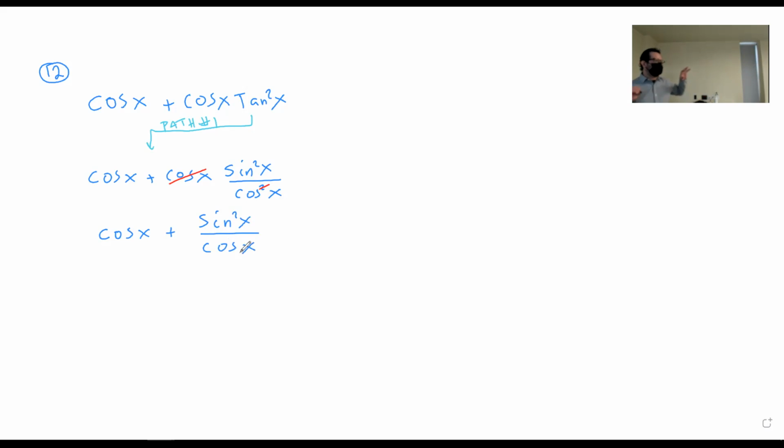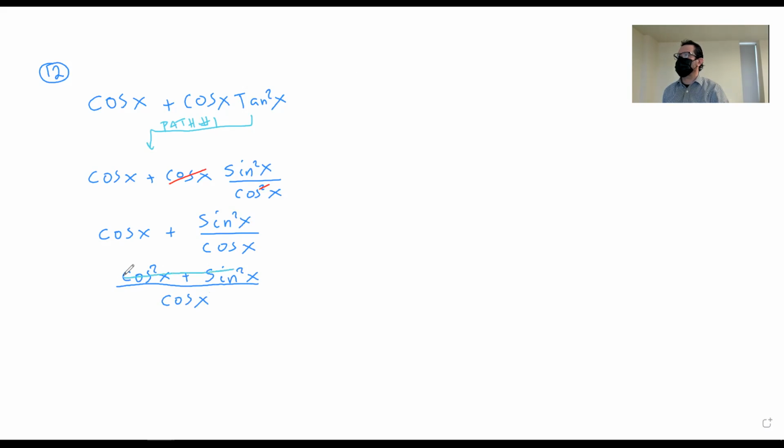Now, whenever we have a fraction and an expression, we're always going to try to join them. We're going to join these using cosine as the common denominator. So cosine divided by 1 is going to be cosine multiplied by cosine, which is cosine squared of x plus sine squared of x. And we know that that's a 1.